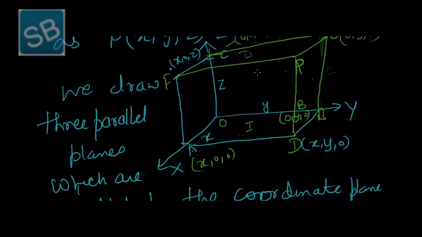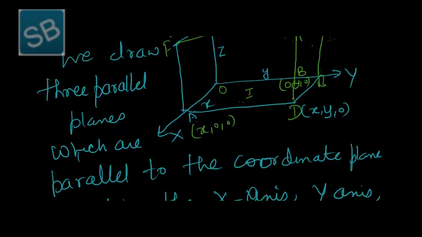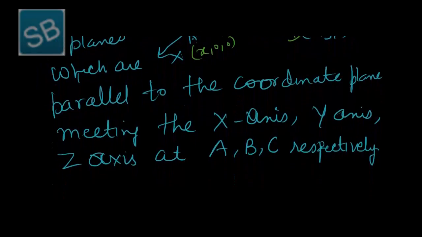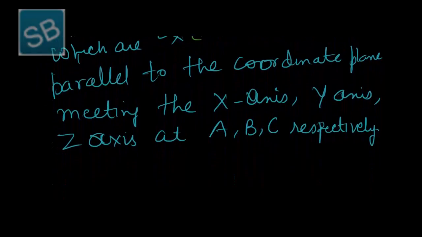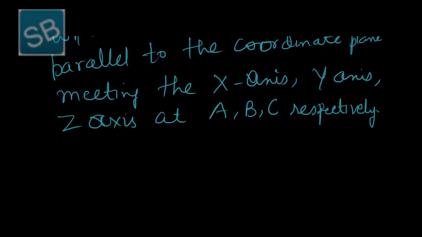That is the front part, that is the back part, the back face. Similarly, this is the upper part of the plane, this is the lower part. This is the left part, this is the right part, and this makes a parallelepiped. So this was all about how we can represent a point in space.